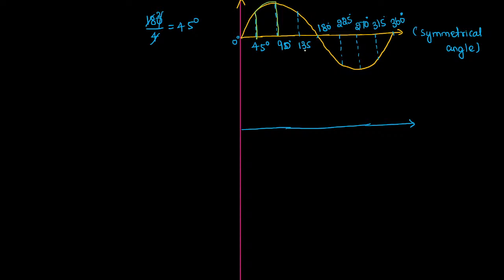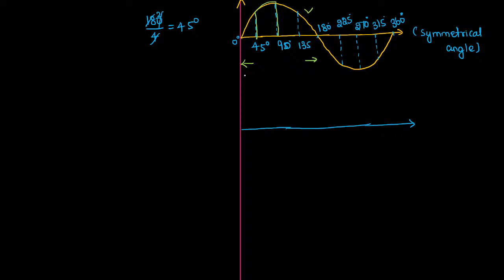On both sides it will be symmetric in nature. From 0 to 180, if it is conducting for 45 degree, it will repeat again from 180 to 360, conducting continuously for one more 45 degree, with the same duration. That is called symmetric. The pattern you observe in the positive sinusoidal cycle will come in the second cycle also, from 180 to 360.